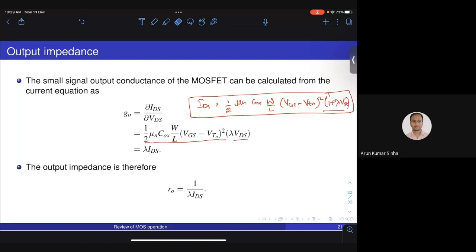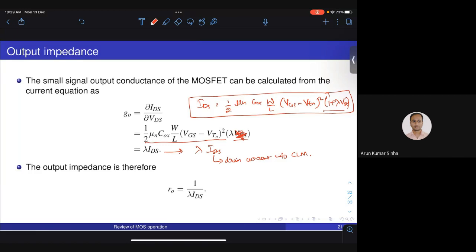So this can be written as lambda into IDS, where IDS is the drain current without channel length modulation. If you find the drain current without channel length modulation and multiply that with the channel length modulation parameter lambda, that will give you the output conductance.